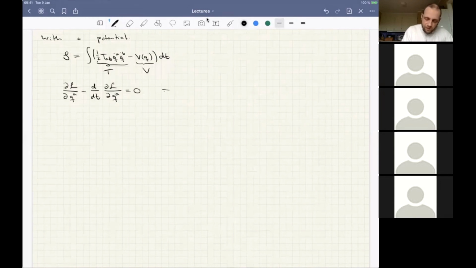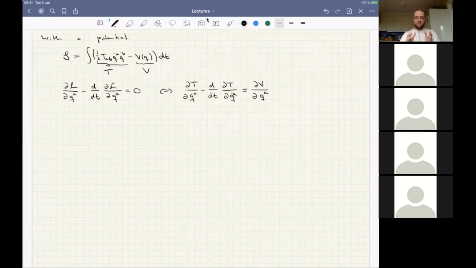But if I split the Lagrangian into the kinetic part and the potential part, this tells me that dT/dq^A minus d/dt dT/dq dot A is equal to dV/dq^A, where I've just moved the potential term to the right. And the potential does not depend on the time derivatives of the coordinates. That's why I don't have this second term for the potential.